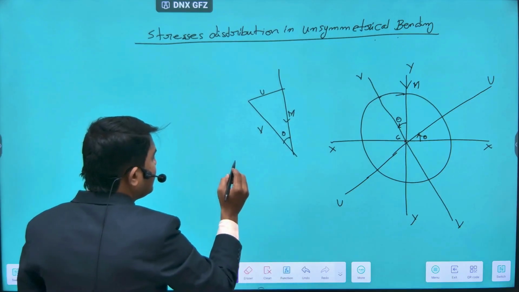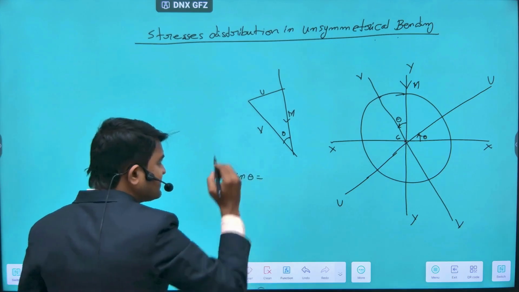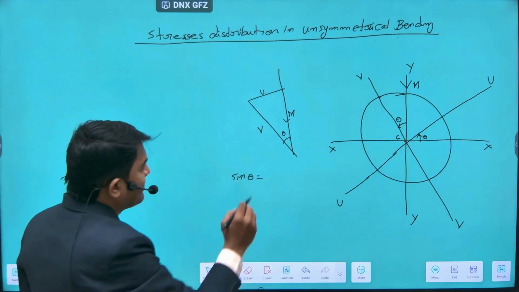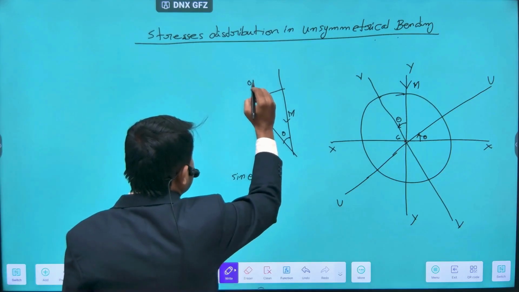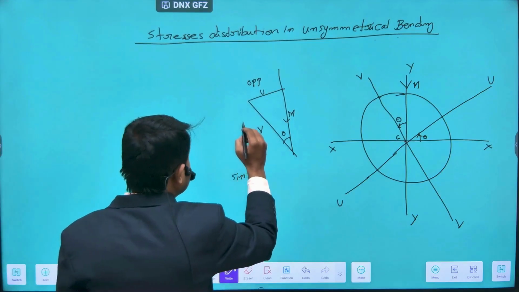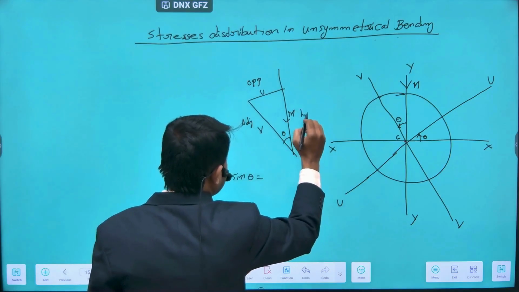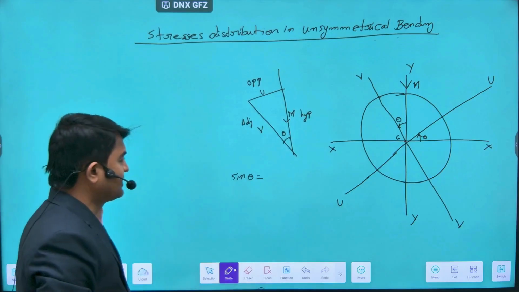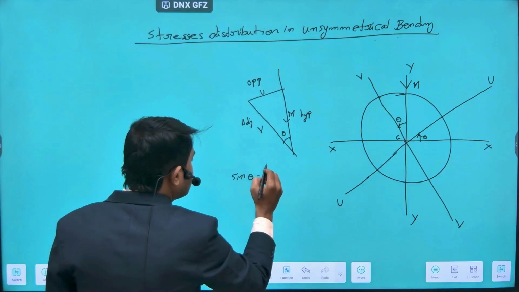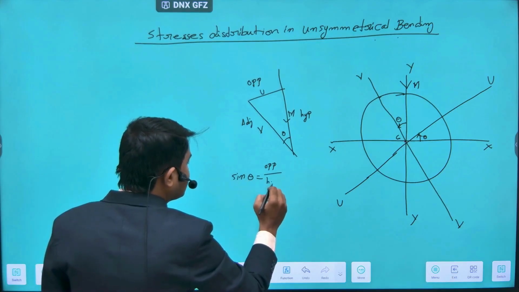Now this is the moment. First I am applying sin theta for this triangle. This side is the opposite, this is the adjacent side of the triangle, and this is the hypotenuse. What is sine? Sine is nothing but opposite side by hypotenuse.